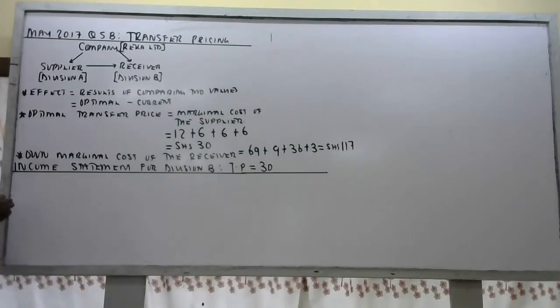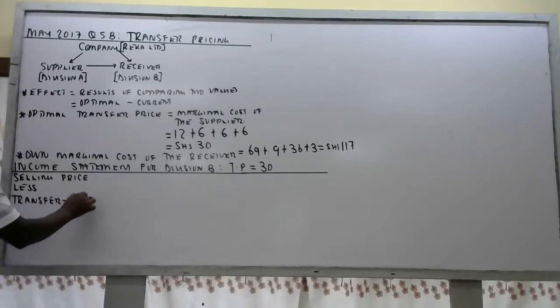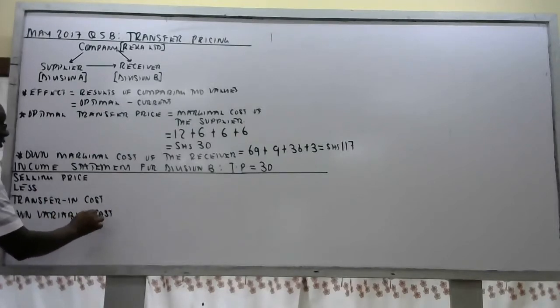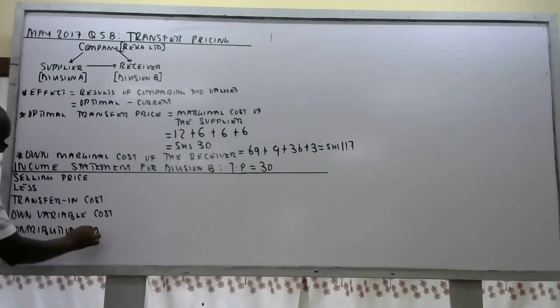We will have the selling price, then we less transfer in costs, then we less own variable costs, that will give us contribution margin.